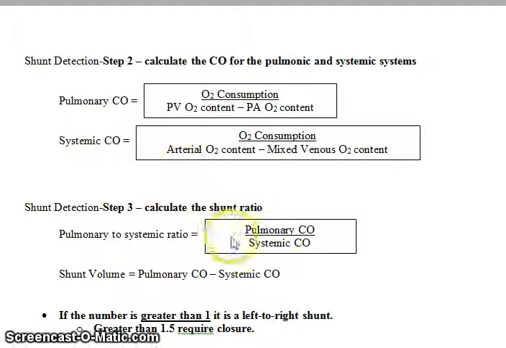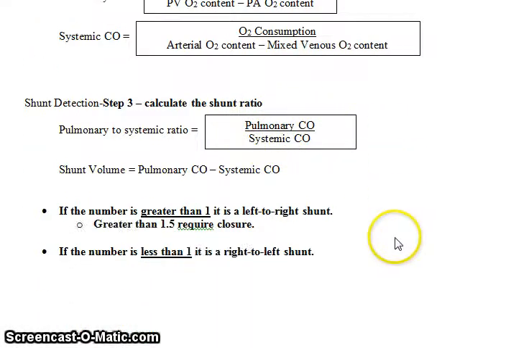Okay, so again, ultimately those first 2 steps are just to get you to this point. You want to find out the pulmonary CO and the systemic CO, because in a normal heart, these 2 will be the same. So let's say in a normal heart, the cardiac output is 5 over 5, so that would equal 1. And so 1 is normal.